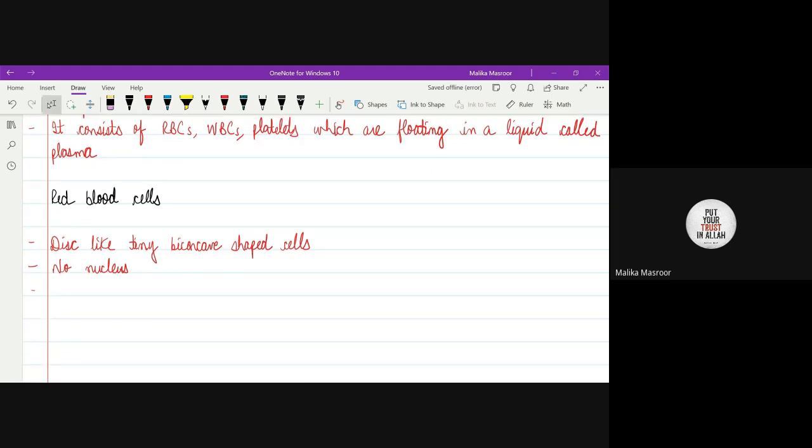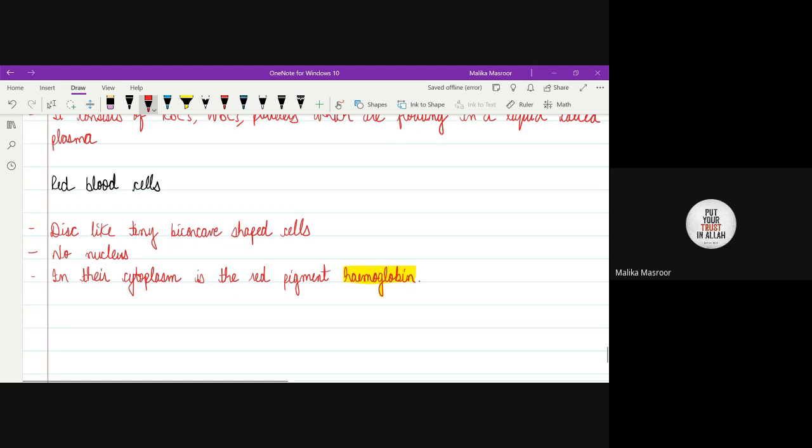In the cytoplasm is the red pigment that is called hemoglobin.